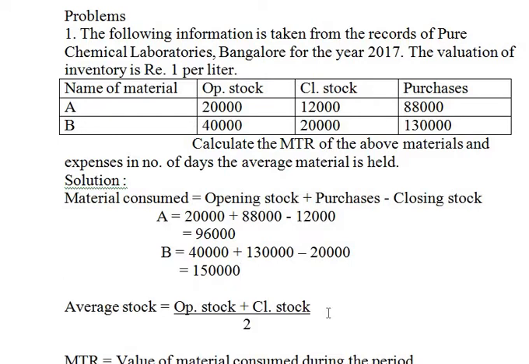Next we need to calculate average stock. The average stock formula is opening stock plus closing stock divided by 2.